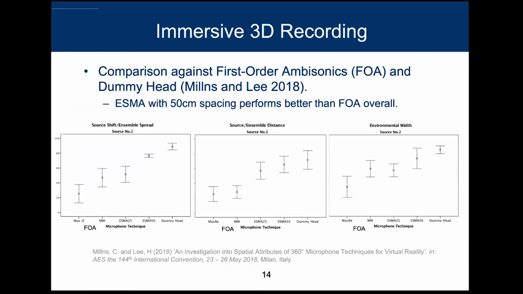Some subjective evaluations showed that this array sounded much more spatial, more externalized and wider compared to first order ambisonics. Different decodings, like MaxRE and mode matching, all sounded lower than the ESMA 50 centimeters. ESMA 50 also sounds closer to the reference dummy head recording.